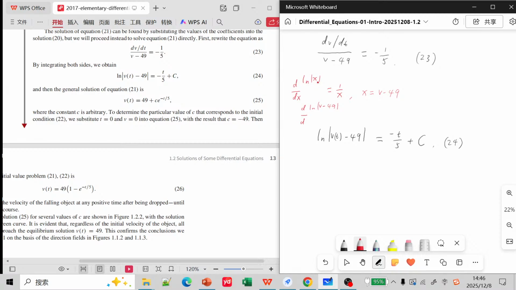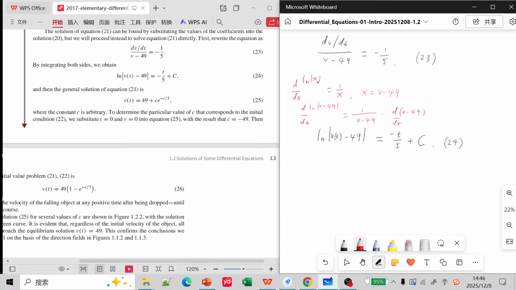Here we should write down dt, because v is a function of t, and we use the chain rule: the outer result is this v minus this, and then times the inner result, which is dv and dt.